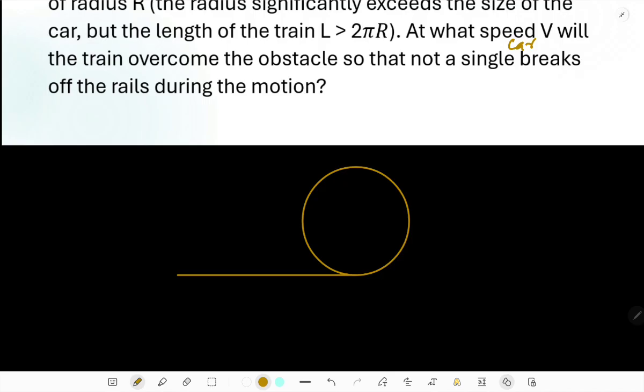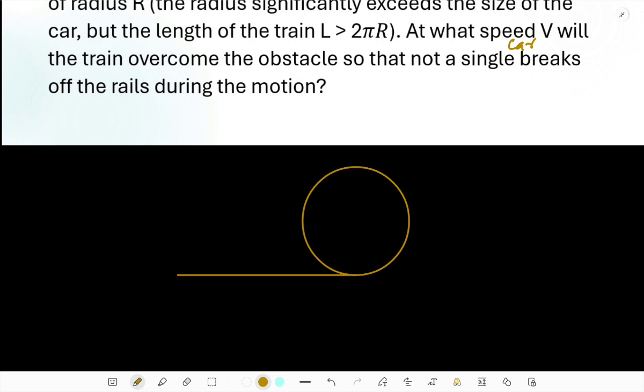Right now I'm thinking that the train has occupied the entire loop, but still some part of it, because its length is greater than the circumference of the loop, must lie on the horizontal rails. But the train is at least occupying the total loop. So what can be its speed at this moment?